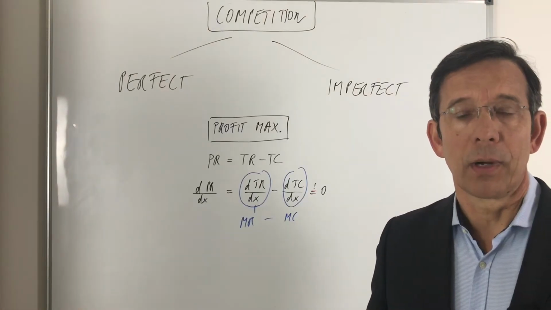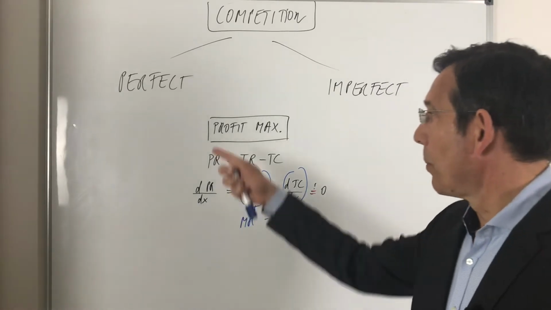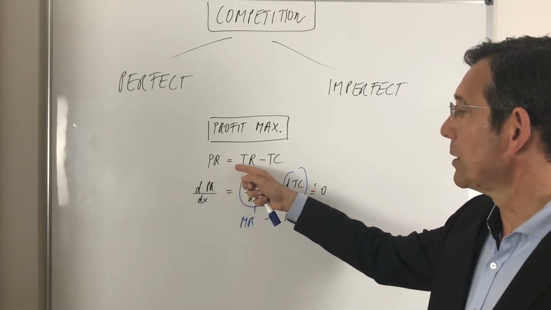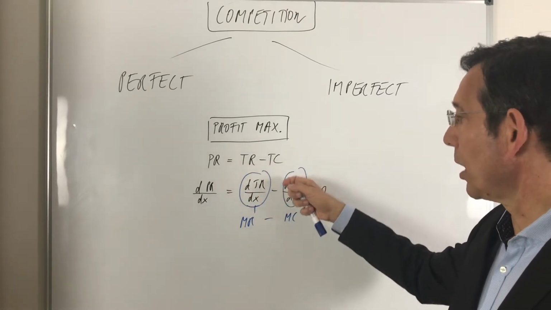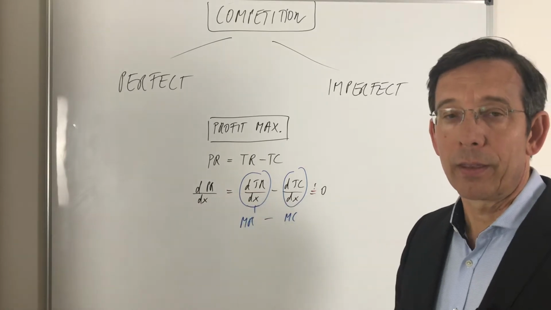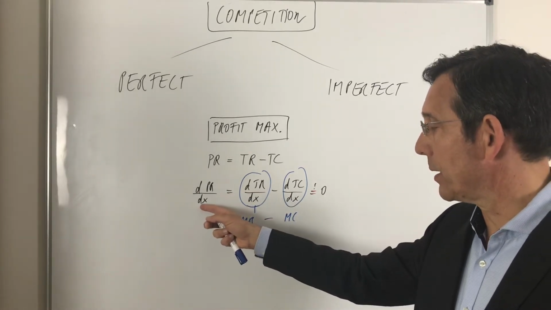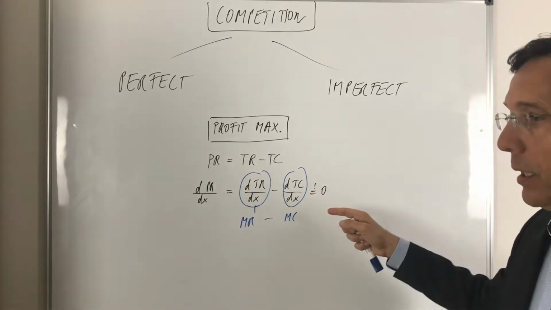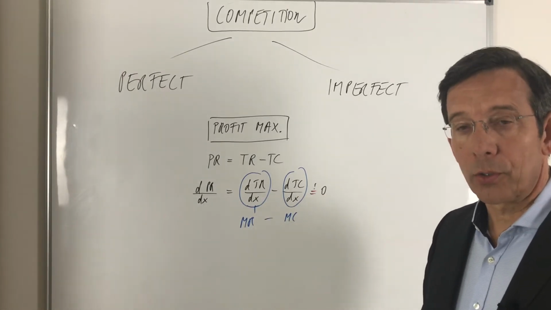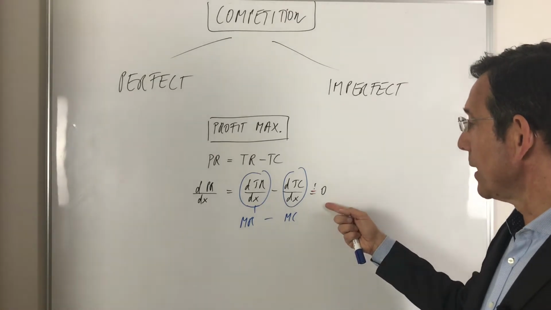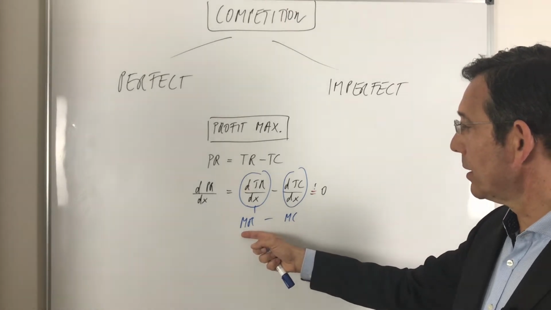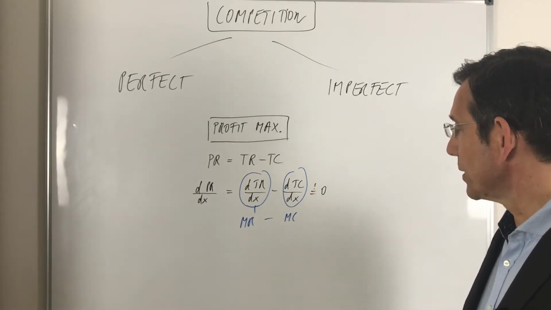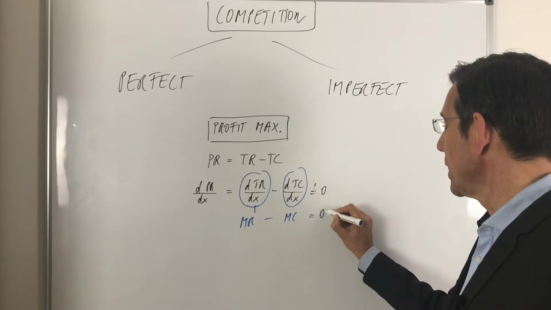So let's maximize profits. Profit maximization says you have a profit function PR equals total revenue minus total cost. And if you derive the profit function with respect to quantity X and set it to 0, that's the so-called first order condition, then this leads to marginal revenue minus marginal cost, which is set to 0.